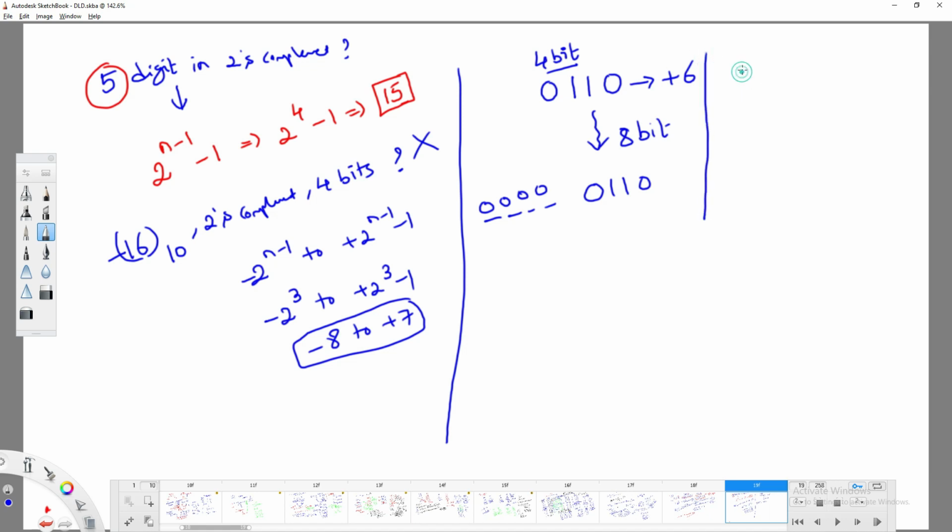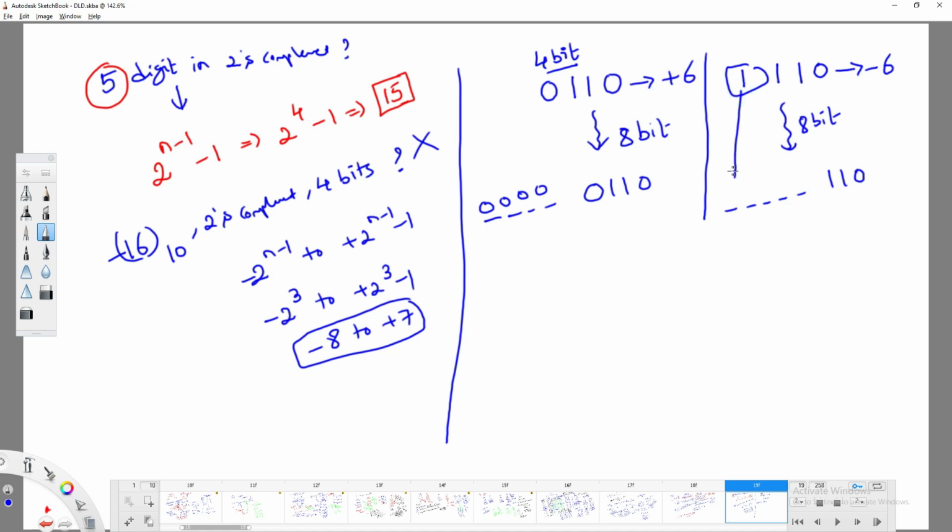See, 1110, so it is minus 6, right? What about in an 8-bit system? What can we do? The sign bit should be separated from the remaining data 1, 1, 0, and you have to fill up the 5 places.